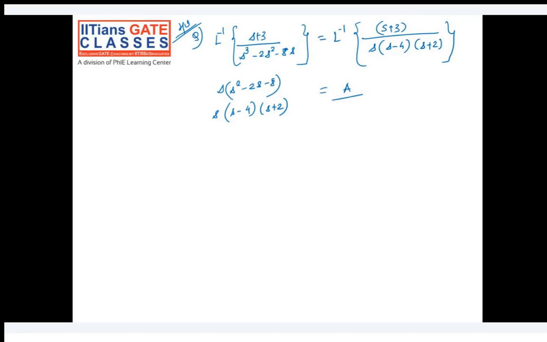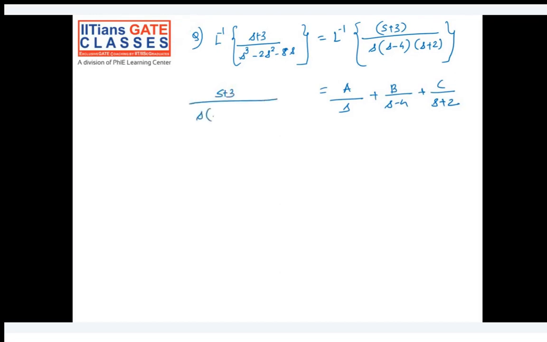So it can be written as A by s plus B by s minus 4 plus C by s plus 2. Okay. So let's solve this question. We'll not keep it for homework. Next question I'll give for homework. Okay. So can you get the values of A, B, C?